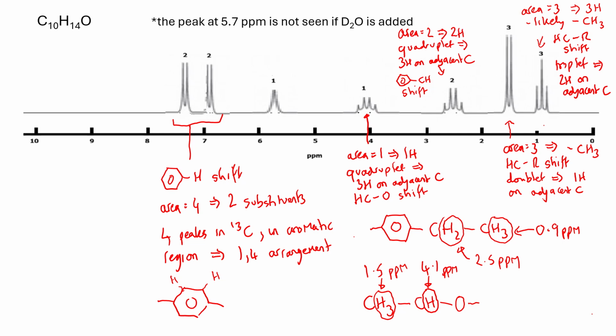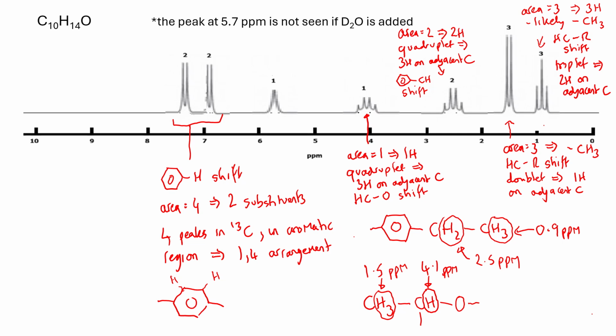And of course, because carbon forms 4 bonds, there must be also another bond here, so that carbon will have 4 bonds altogether. So we can deduce all of that just from this pair of peaks here. So what does that leave us? Well, it leaves us with this peak at 5.7 ppm.